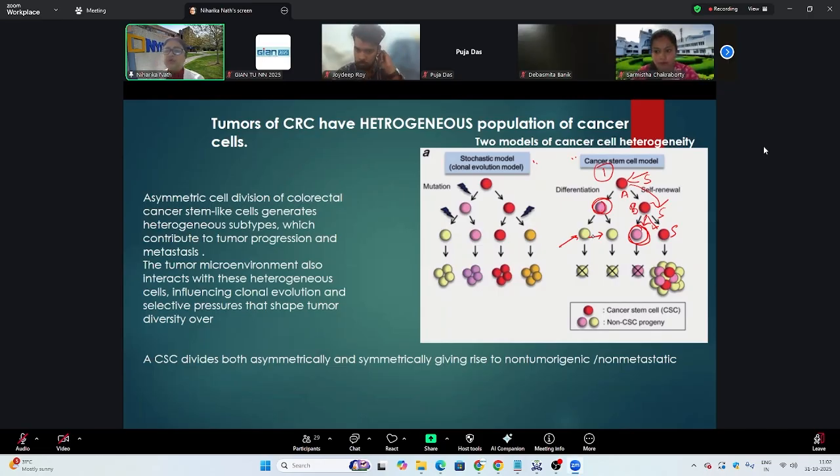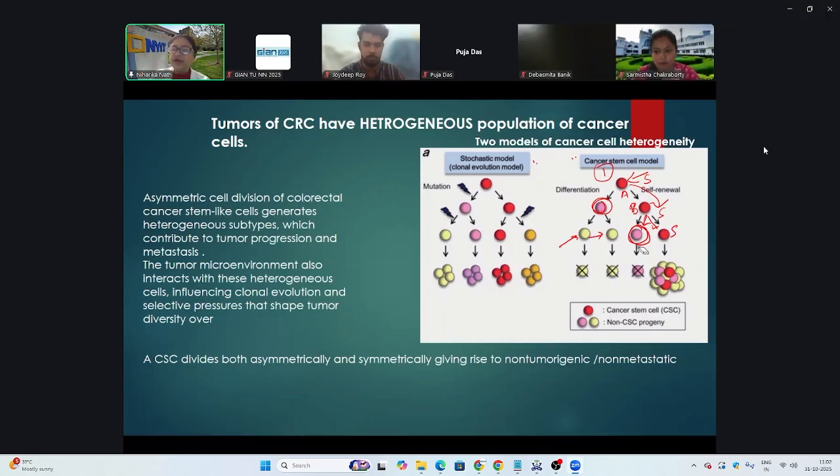So now what do we end up with? In this one tumor, we have the original one, the red one, which is the stem cell, the cancer stem cell. Then we have a pink type and a yellow type. They are not stem cells anymore.